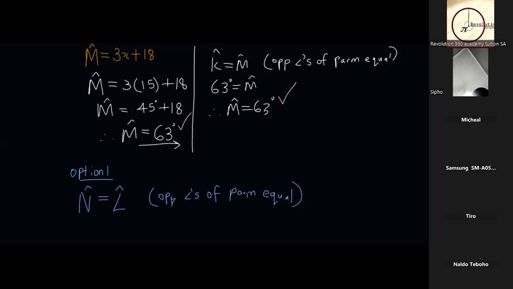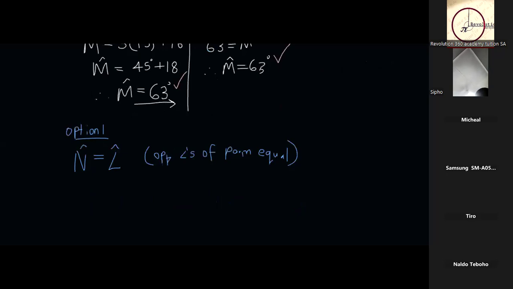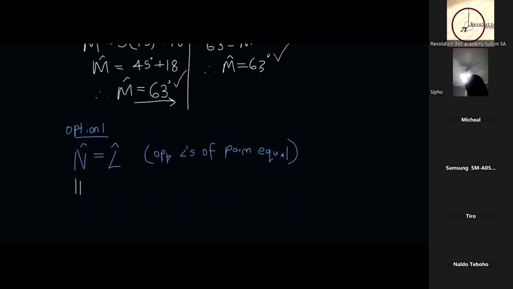I'm going to show you 4 ways of solving angle L. There's no necessity for you to write all of them, but I write all of them for the sake of understanding. But in an exam, you're going to choose one option. I like to show you many ways so that you can choose the one you prefer, the one that is easy. So 117 degrees is equal to angle L. Therefore, angle L is equal to 117 degrees. That's the first way to get it.